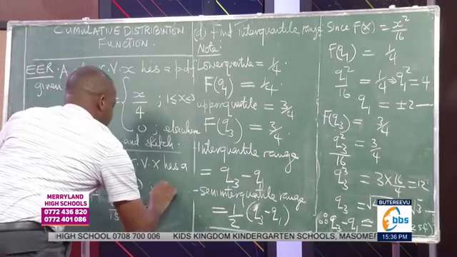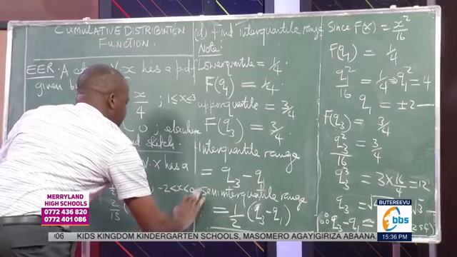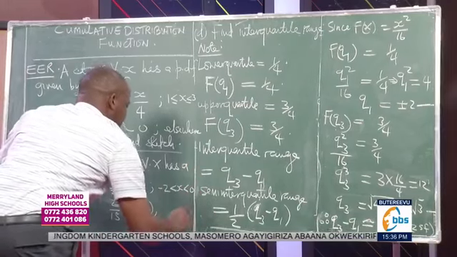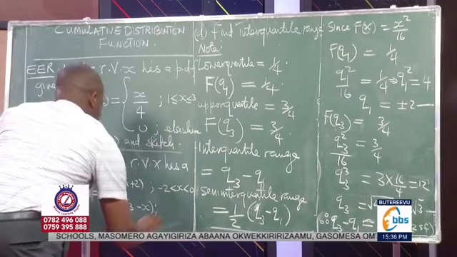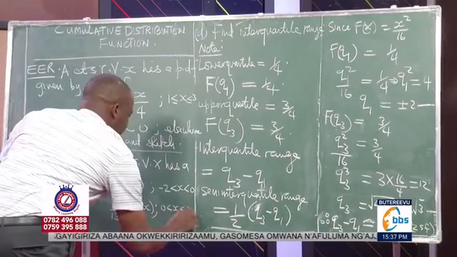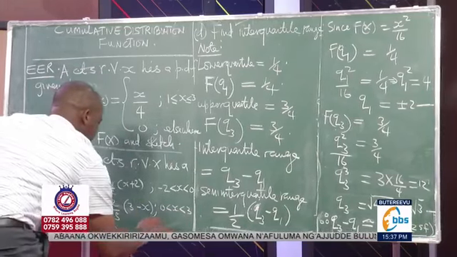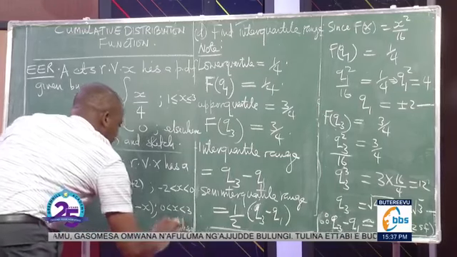This example has 2 functions. It is a PDF that has 2 functions, and of course, it ends with 0 otherwise or elsewhere.